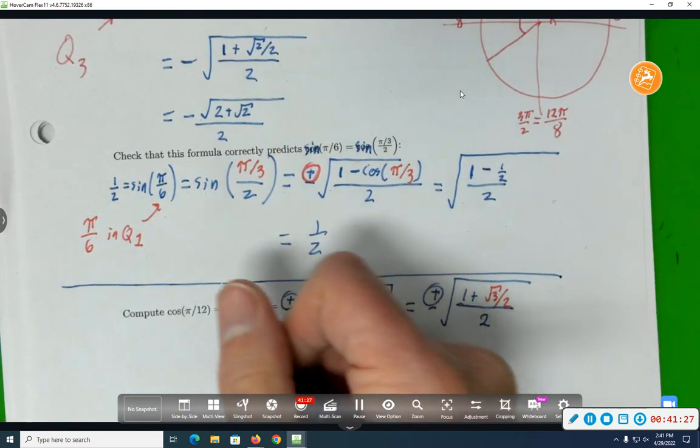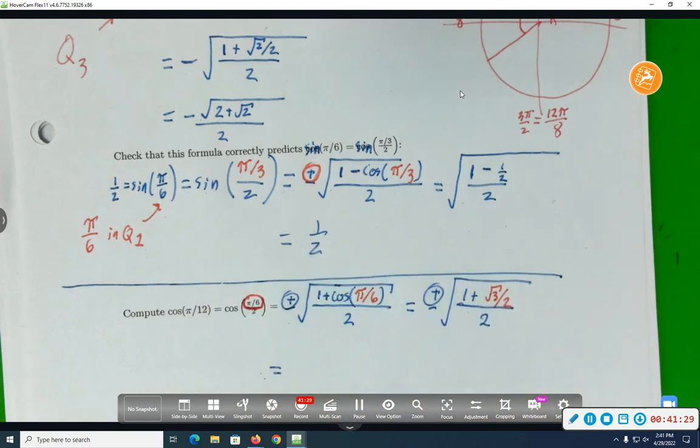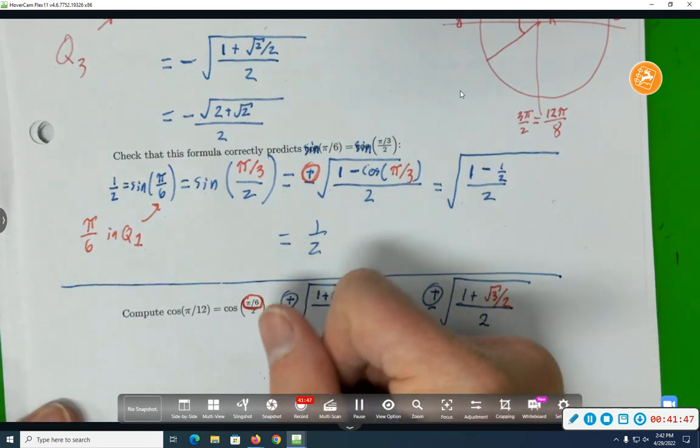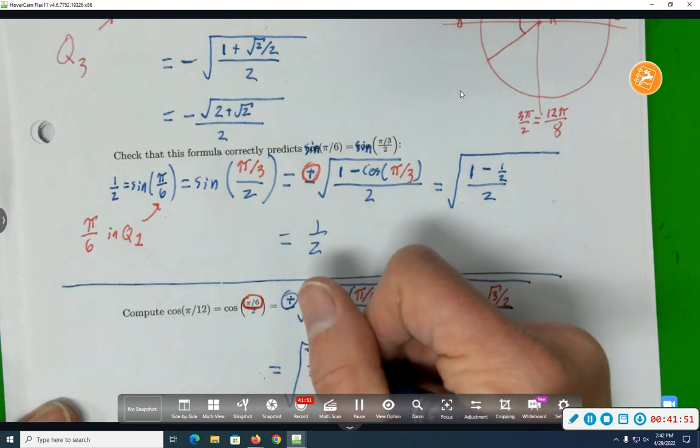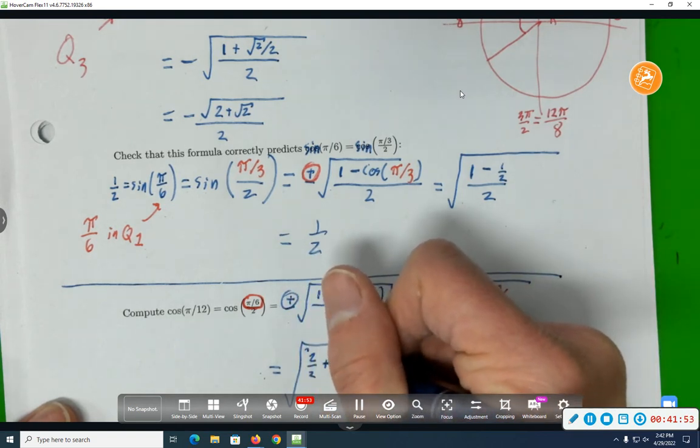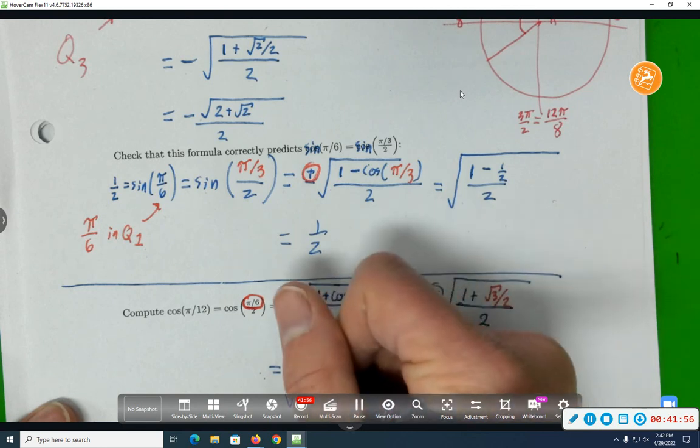And now I guess there's no more trigonometry to do. It's simplify this arithmetic expression. And this looks like a really similar simplification to what we did before. I see 1 plus a thing over 2. I should write the 1 as 2 over 2 and add fractions. So this will be square root of 2 over 2 plus root 3 over 2, all over 2.